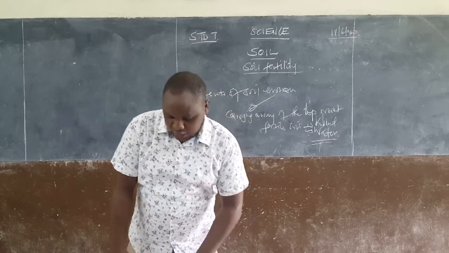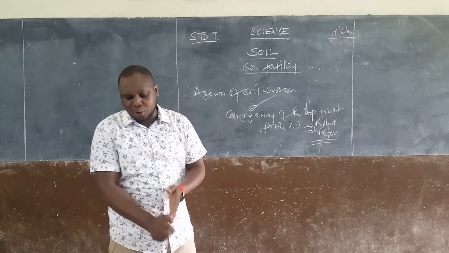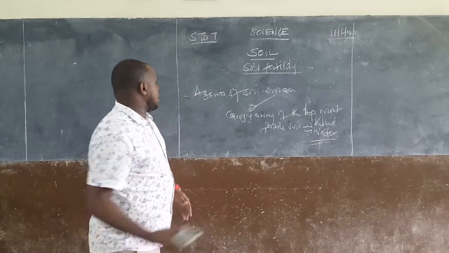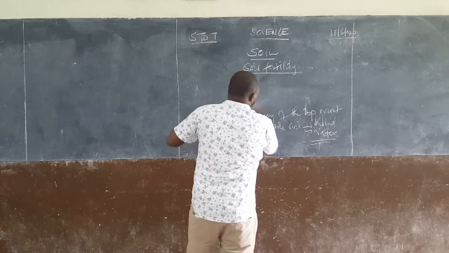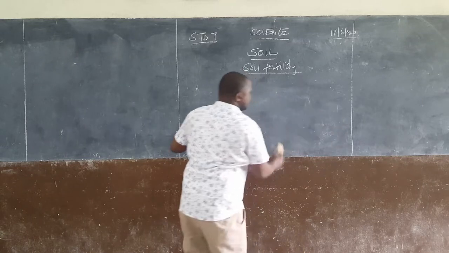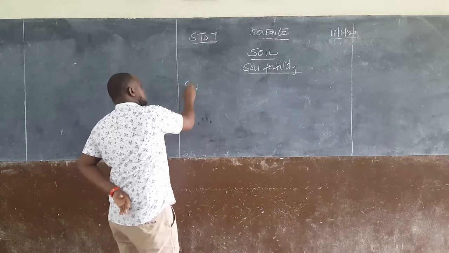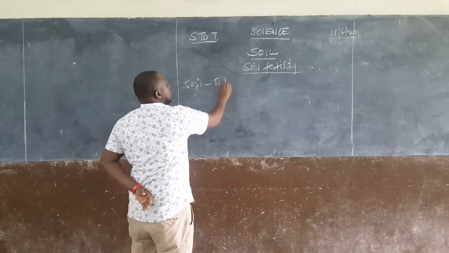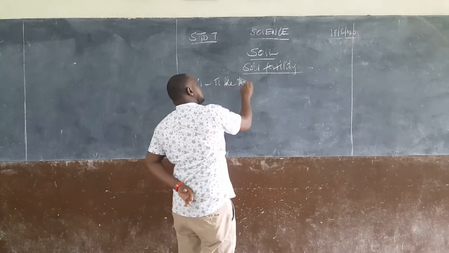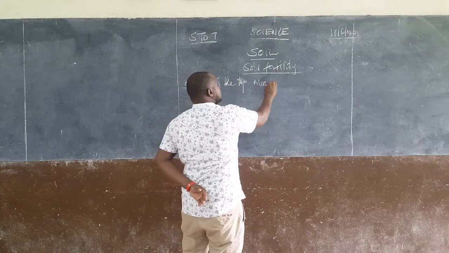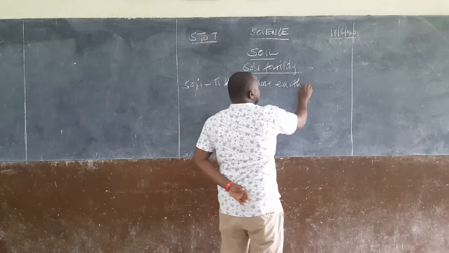So we are going to say that soil is the topmost Earth's cover. So we are going to define what soil is. Soil is the topmost Earth's cover.